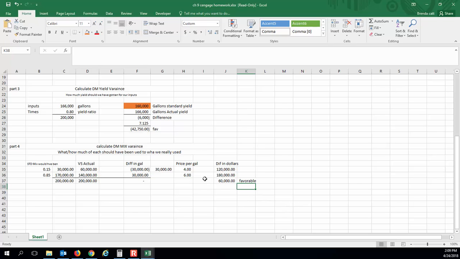Okay, this here, think of it this way. More of this stuff would be unfavorable. Less of this stuff would be a savings, so that's favorable. And so then when you compare these two, your favorable number is bigger than your unfavorable number, so your net has to be favorable as well.